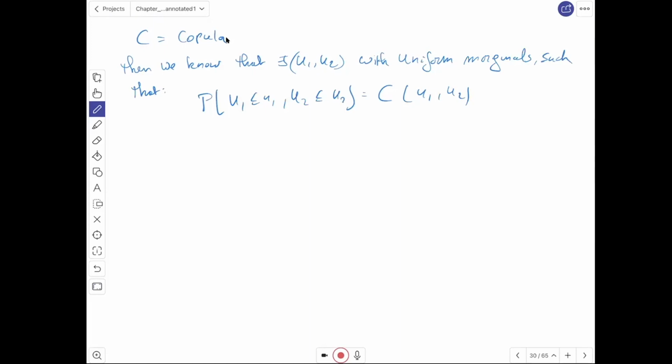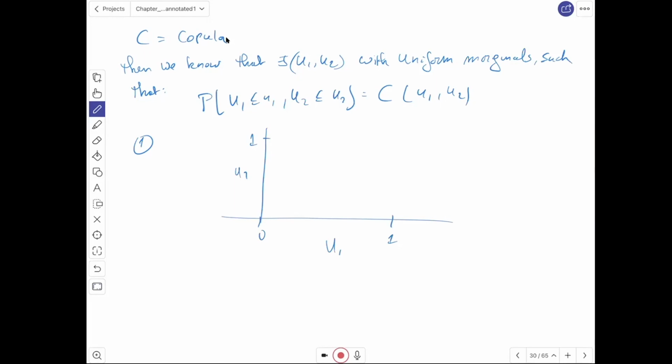Okay, but this has several implications. For example, if we have a look at the support, at the possible outcomes of U1, U2, then we know that U1 takes values in [0, 1]. U2, the random variable, takes values also in [0, 1].